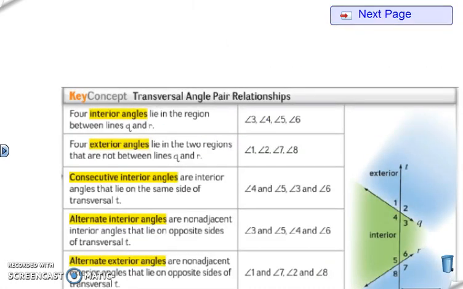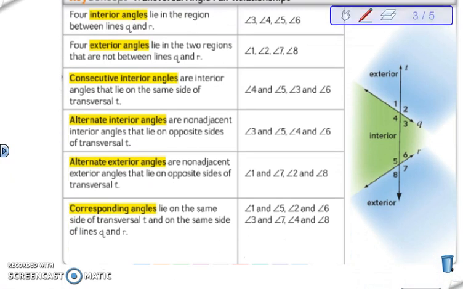So if we look at the picture in the next box, we notice we have two lines here, and then a third line going right here. So T hits both lines Q and R. So T, this is our transversal.